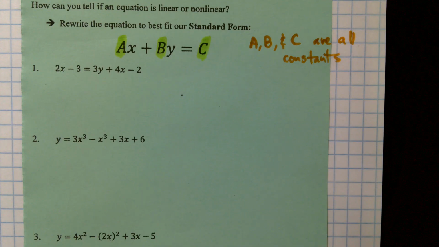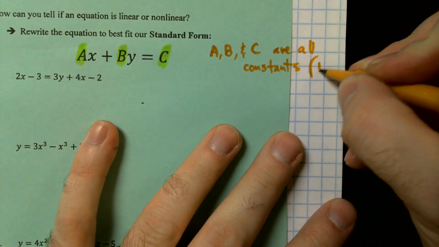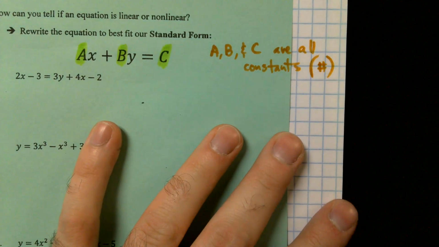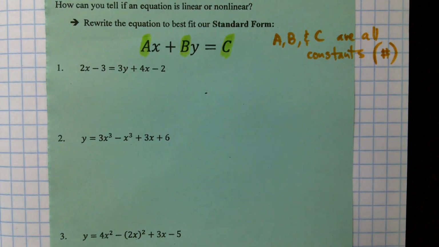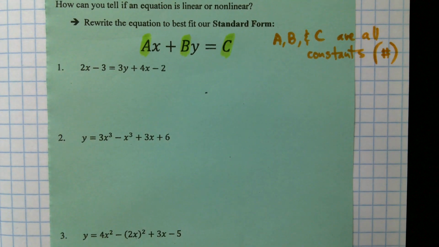Is -2 a constant? Yeah. So another word for constant is number. So A, B, and C are all numbers. That leaves me with x and y. So I know I have a linear equation if I have an x and a y in there and it follows all the other things on our list.